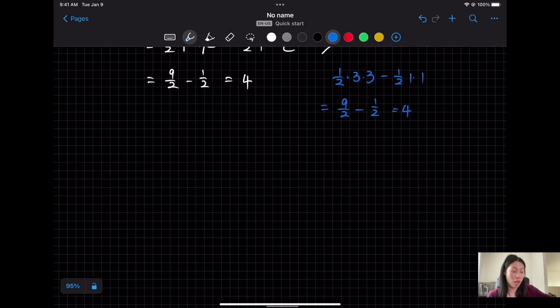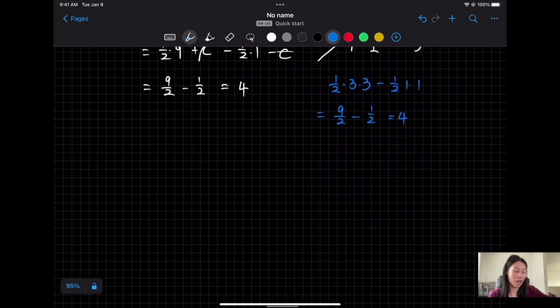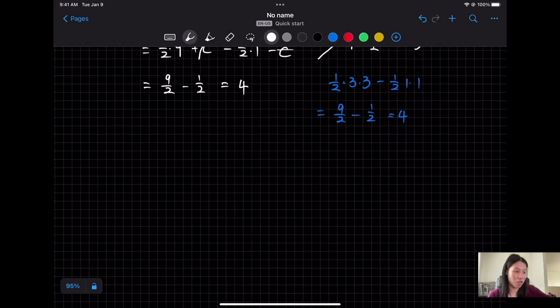All right, so now what if I can graph this? Now I can graph this because it is a nice constant change. What if I have something curved, such as I want you to find the area under the graph of y equals 3x squared from x equals 1 to x equals 2?